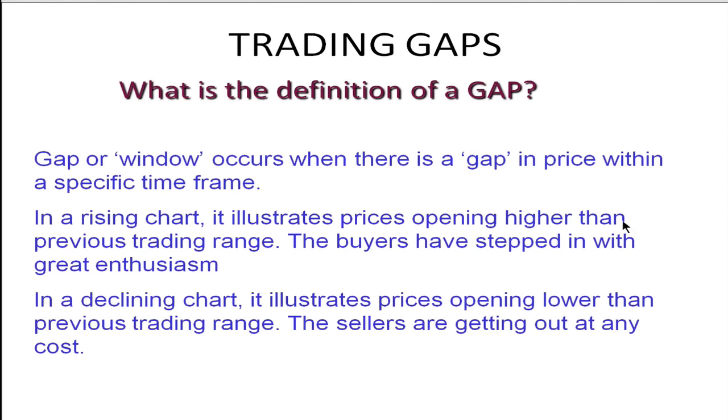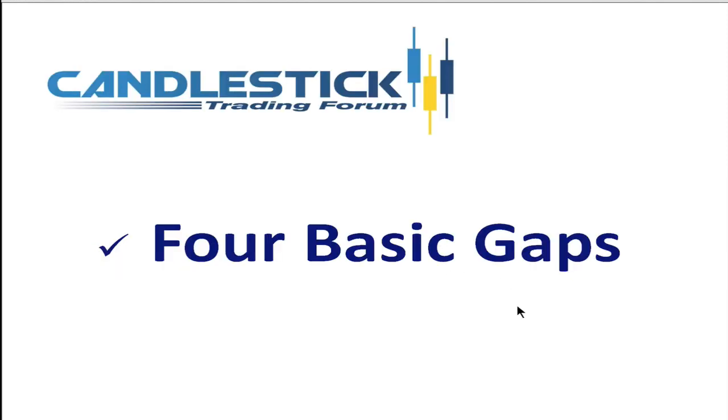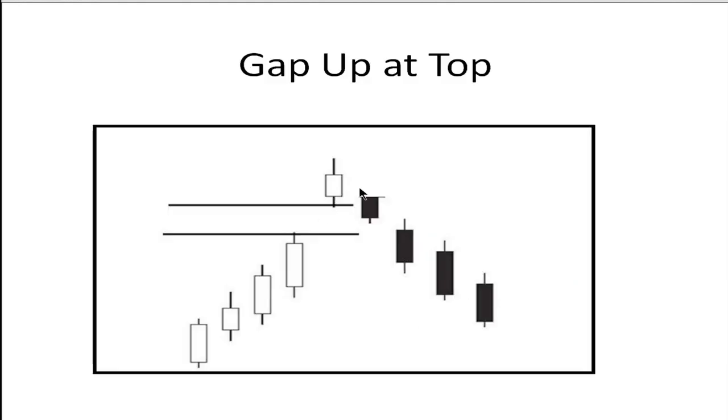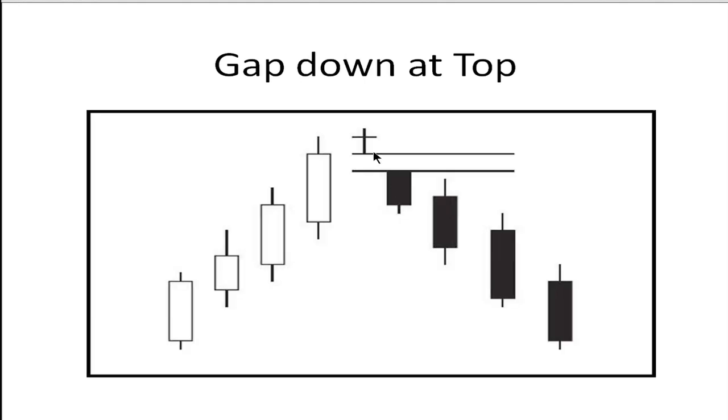So the definition of a gap, the Japanese rice traders call it a window, and it's basically where any of the trading range of the previous day doesn't overlap any of the trading range of the next day. This usually creates very powerful situations. There's 4 basic gaps. There's a gap up at the top. There's a gap down at the top.